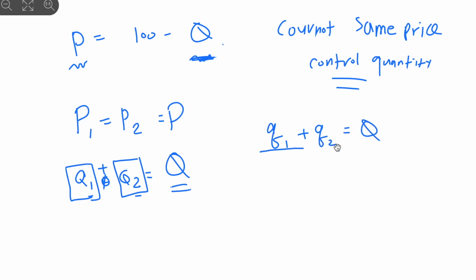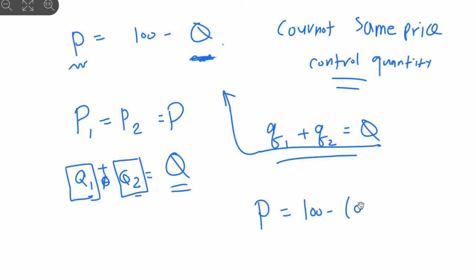So let's keep it this way, and we're going to plug that into our demand curve of P equals 100 minus Q. So what happened is P equals 100 minus q1 plus q2, right? So that's why we have the demand curve that is equal to 100 minus q1 minus q2 in the slide.